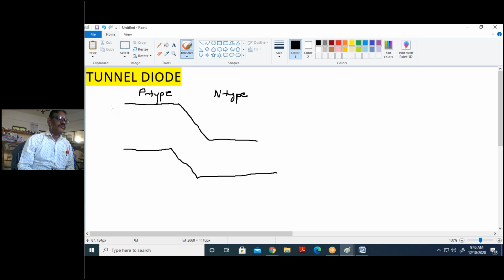And EC for conduction band, EG, empty energy gap, and EV for valency band.